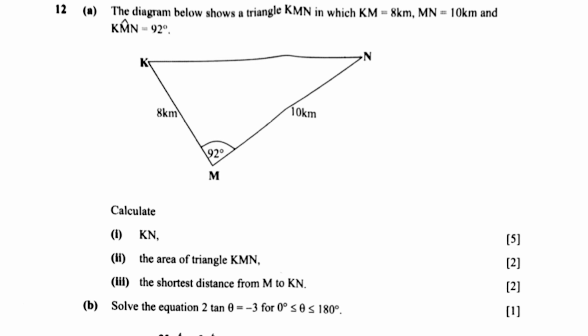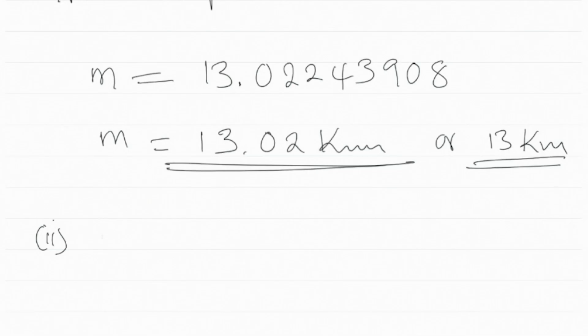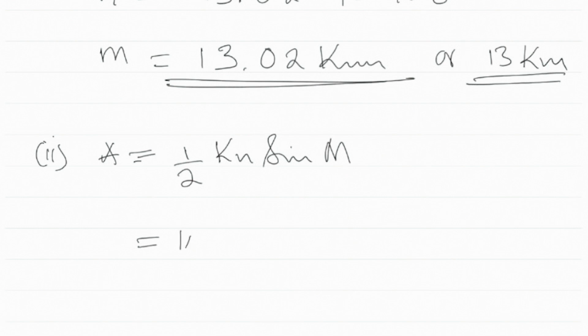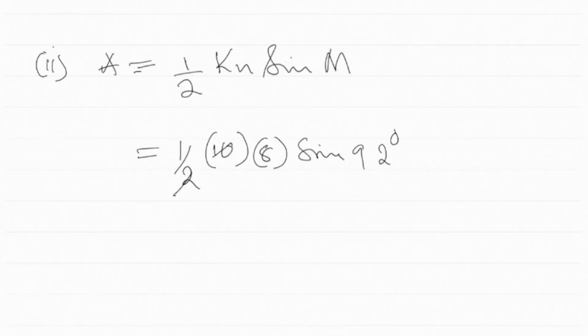In this case, we shall say area of triangle KMN equals half KN sine M. We have 10, then 8, and then sine of 92 degrees.